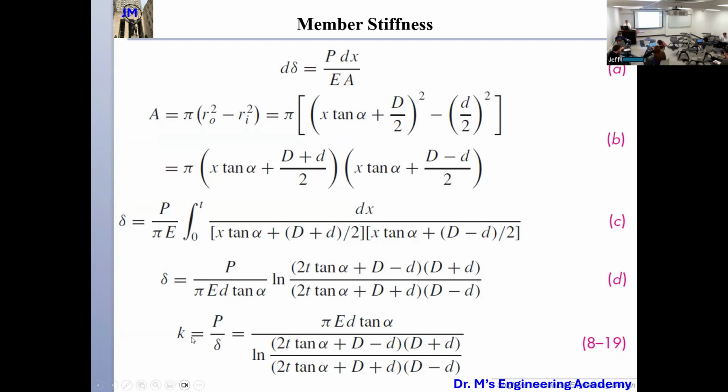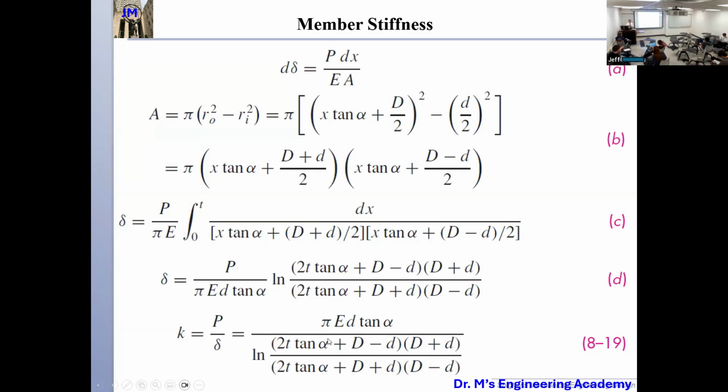Then I apply a load, and I know the corresponding delta, and this delta from 0 to t, the whole thickness, gives the total delta for this member. As a result, I can calculate the stiffness K by dividing P by the delta. Okay, guys? So this is how we get this equation.